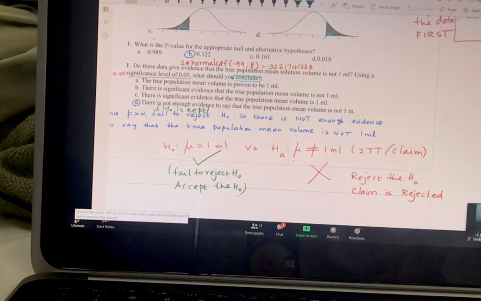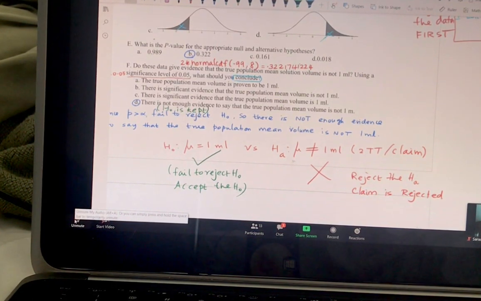You can remember the recipe that I have given. If p-value is less than or equal to alpha, I reject my null hypothesis. I refute my null hypothesis. On the flip side, if p-value is greater than alpha, I fail to reject my null hypothesis, right? It means I'm going to be keeping my null hypothesis, accepting the null hypothesis.